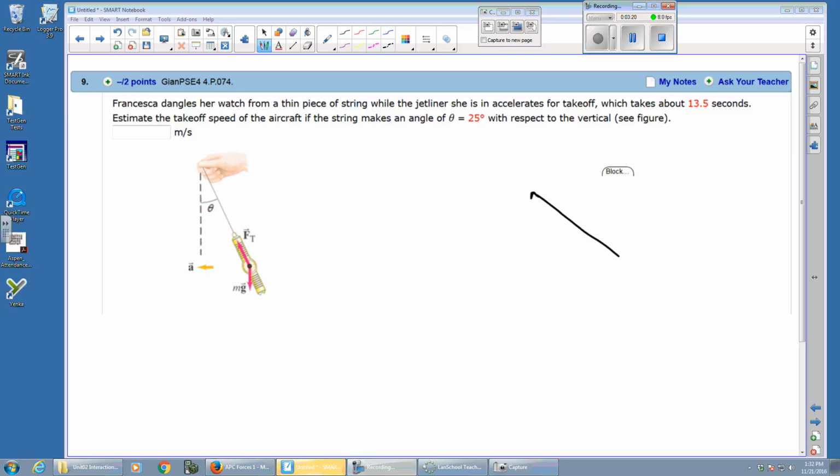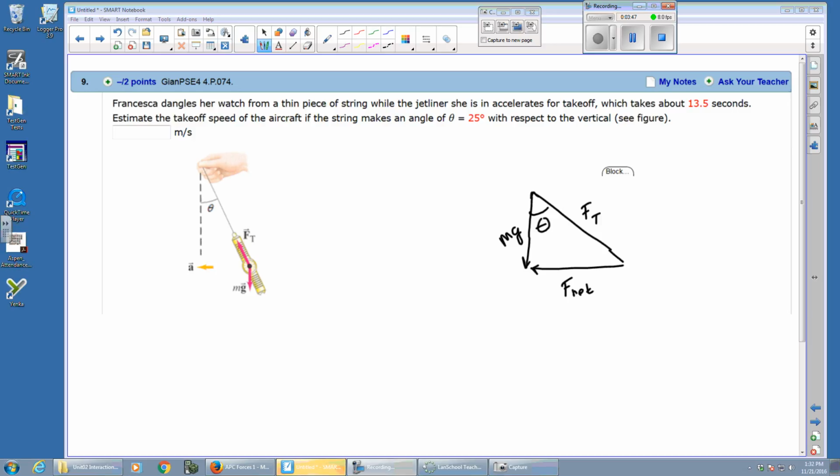So if I take Ft and I add it to mg, they combine, if I had drawn decently, to be a horizontal force, which I'm going to call F net. I know this angle is theta, right?